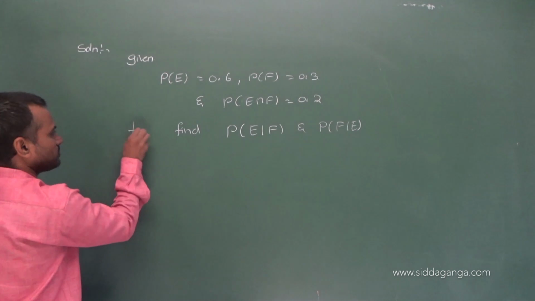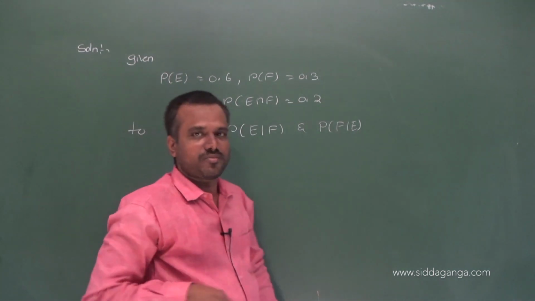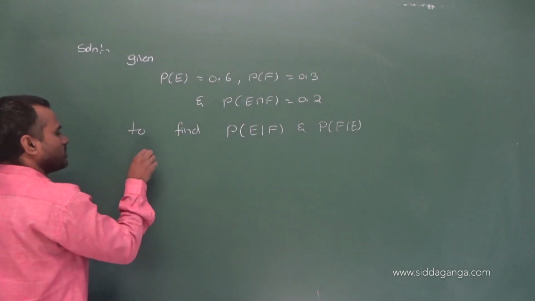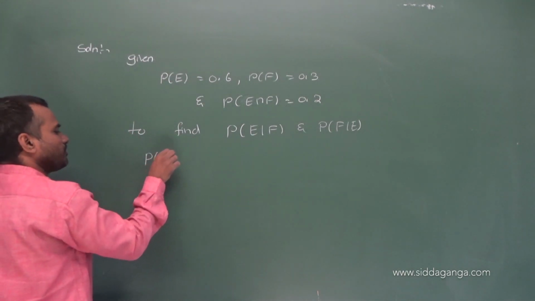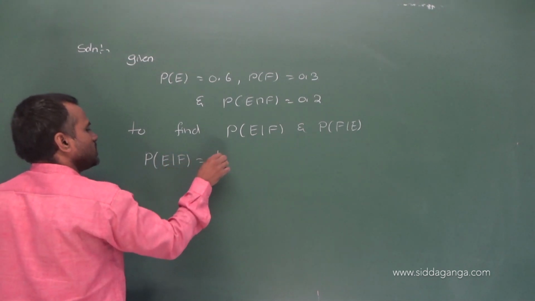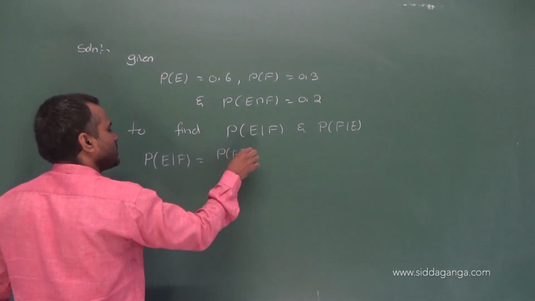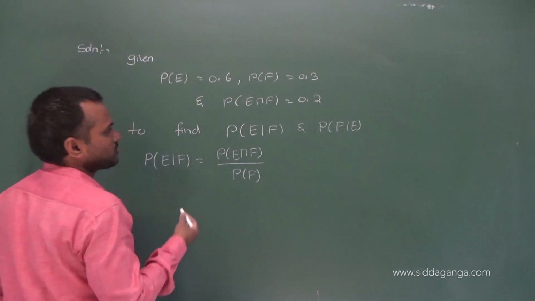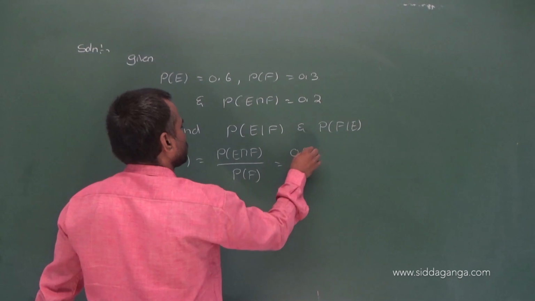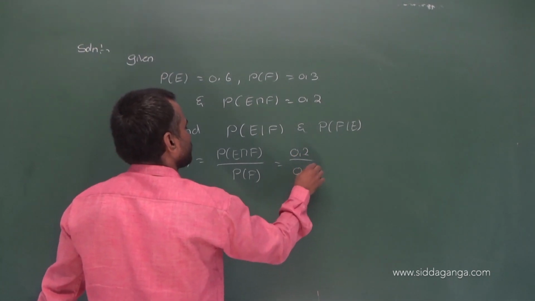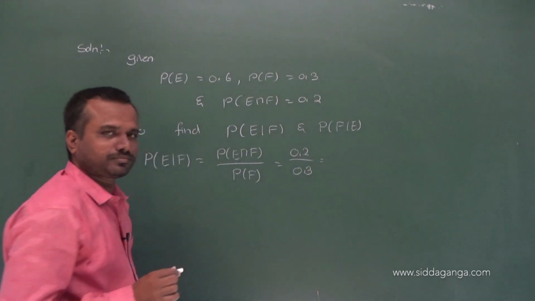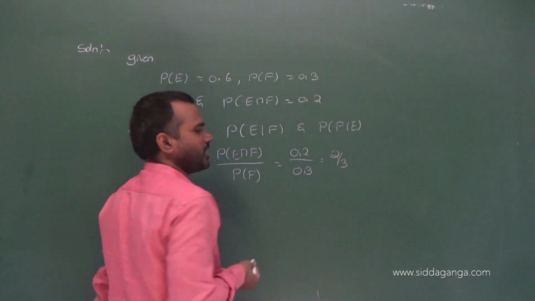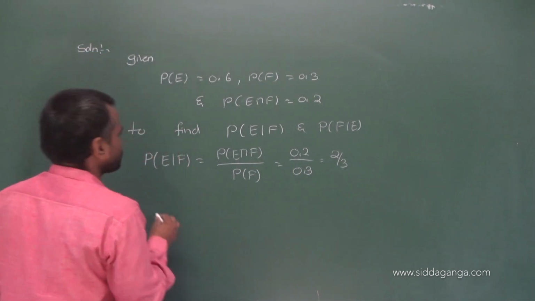To find P of E given F and P of F given E. By definition, one by one, P of E given F is P of E intersection F divided by P of F. Substitute all the values: 0.2 divided by 0.3, so this will be 2 by 3. Write the answer.